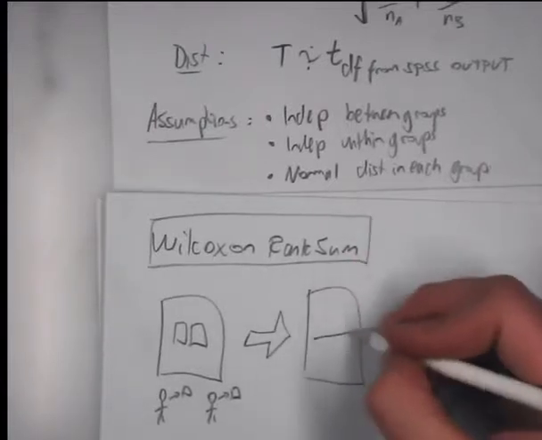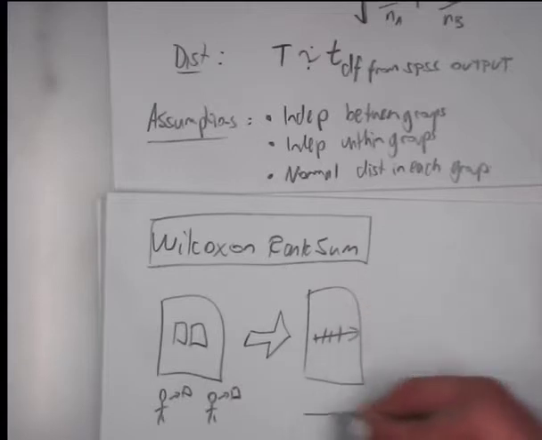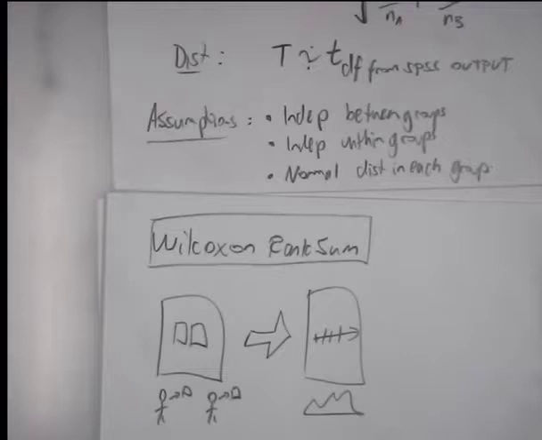And the outcome is still a numerical variable, but it's not normally distributed. It's something crazy. It doesn't have to have 3 humps, it could just be not symmetrical.